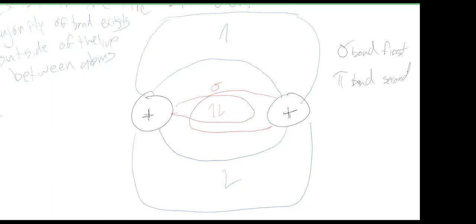Those are anti-bonding ones, and that's getting into molecular orbital theory. So yes and no, but we're not going to get into those quite yet. Instead, looking at this one, we have one sigma and one pi. Are there any other pi bonds that we can form?